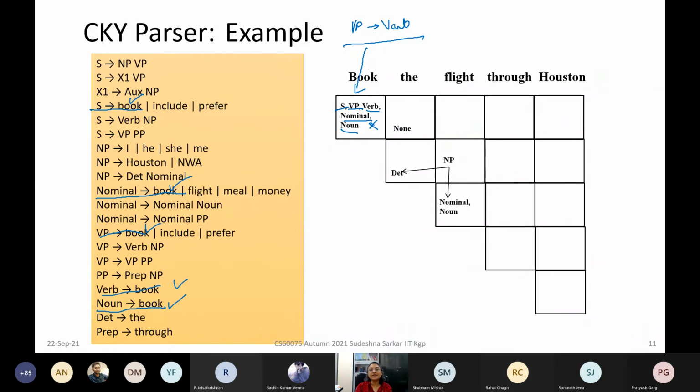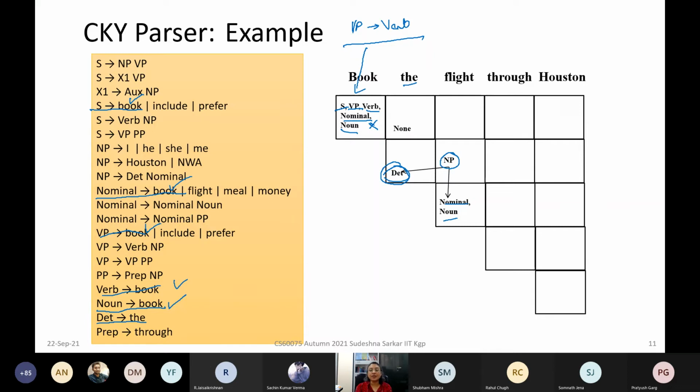Now if you consider this cell, here we have the phrase the, and we find that there is a rule det goes to the. So we have put det here and we cannot find anything else. For flight, we can find it is noun and nominal. Then if we go to this cell, it corresponds to the flight, and the is determiner, flight is nominal or noun.